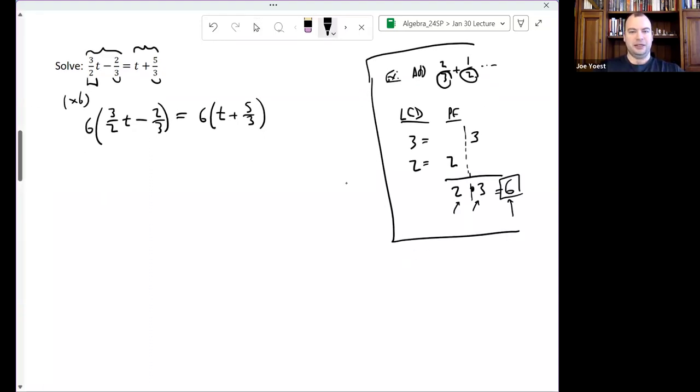Okay, so I've multiplied 6 by the left side, 6 by the right side. Let me distribute. 6 times 3/2. Since these are a little bit more involved, I'm just going to write out one more line here.